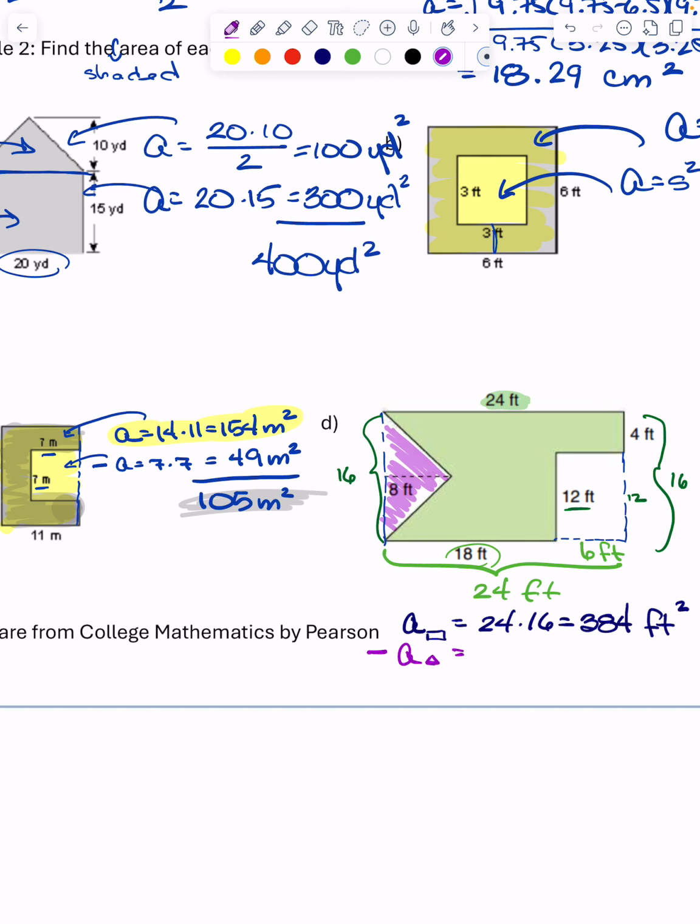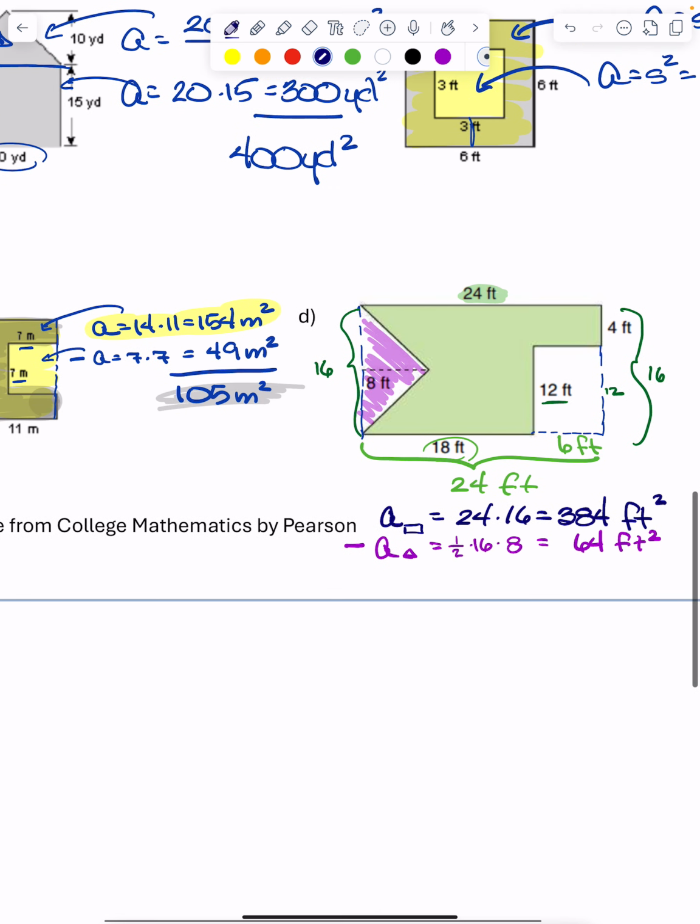And the subscripts are just for me to keep track of everything, which is going to be 1/2 times that base, which is 16, times the height, which is 8. That's 64 square feet. And I'm going to subtract piece by piece. So now I'm at 320 square feet.